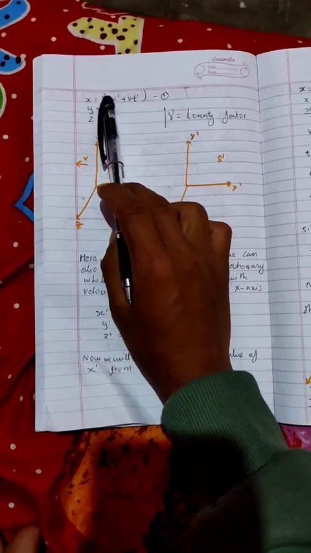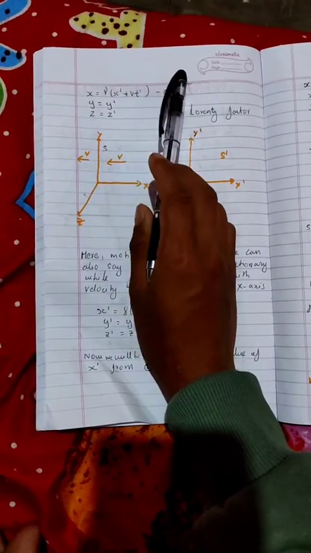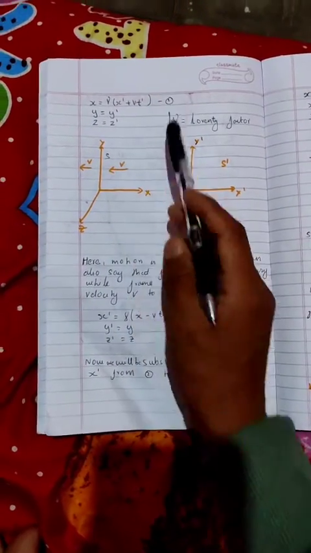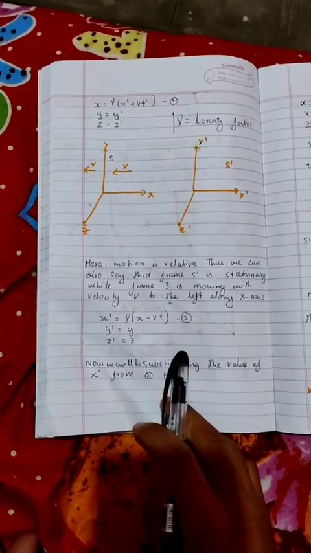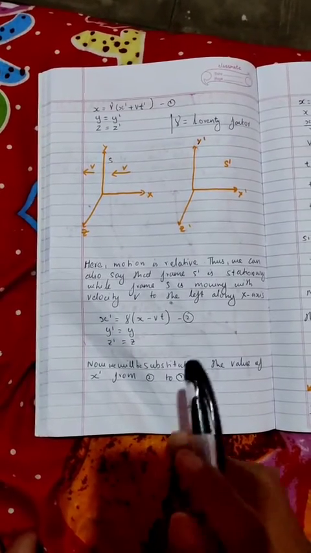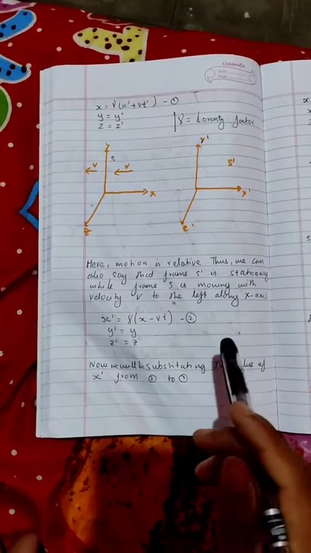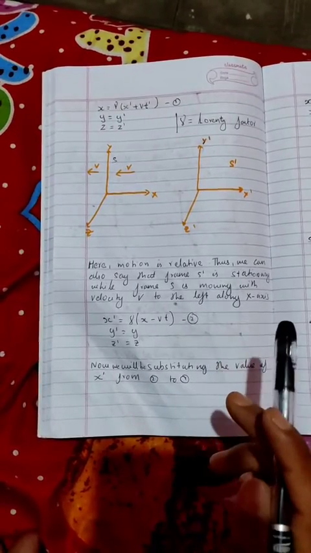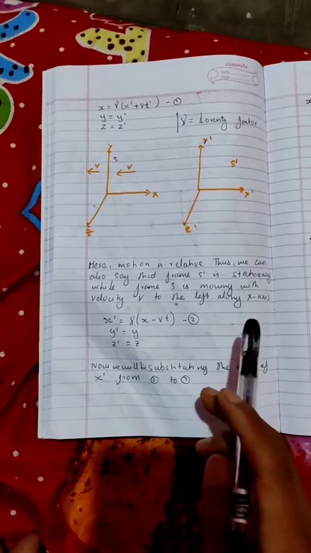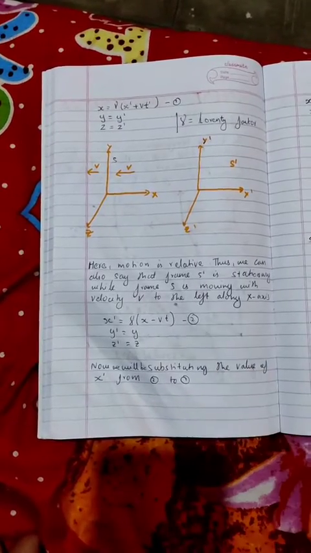You will be wondering why I have chosen gamma in this equation. Gamma is a constant, and we use it because when something follows the special theory of relativity, there will be time dilation and length contraction.